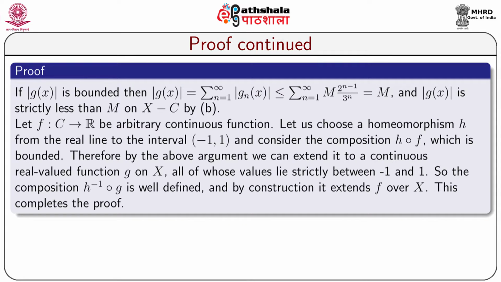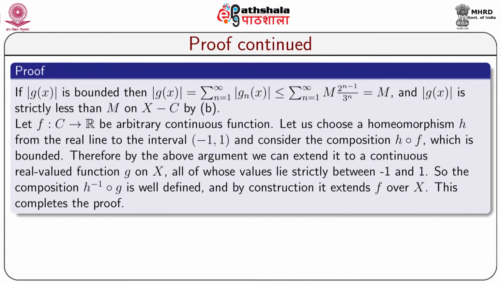Now, we can choose a homeomorphism H from the real line to the interval minus 1 to 1. Of course, that interval will be an open interval. Now, if we consider the composite mapping H compose f, then the composite mapping H compose f is a bounded continuous function from C to the open interval minus 1 to 1.